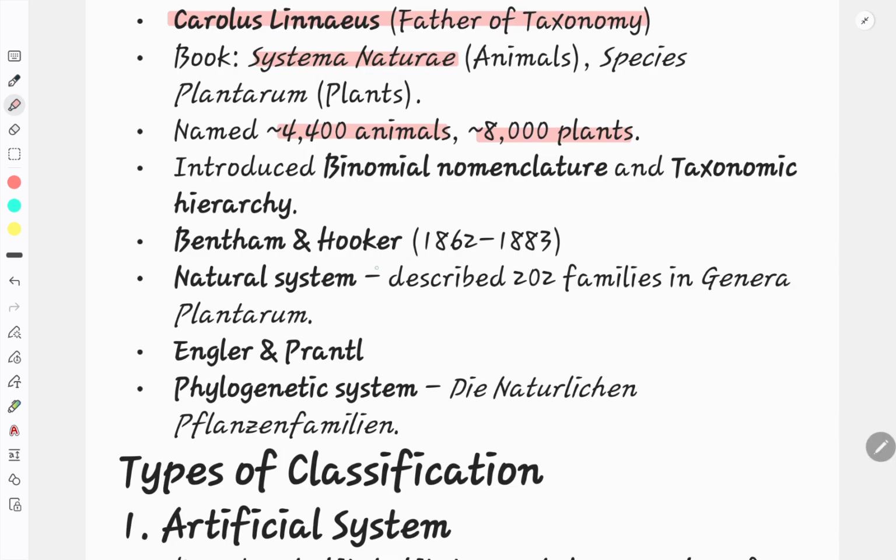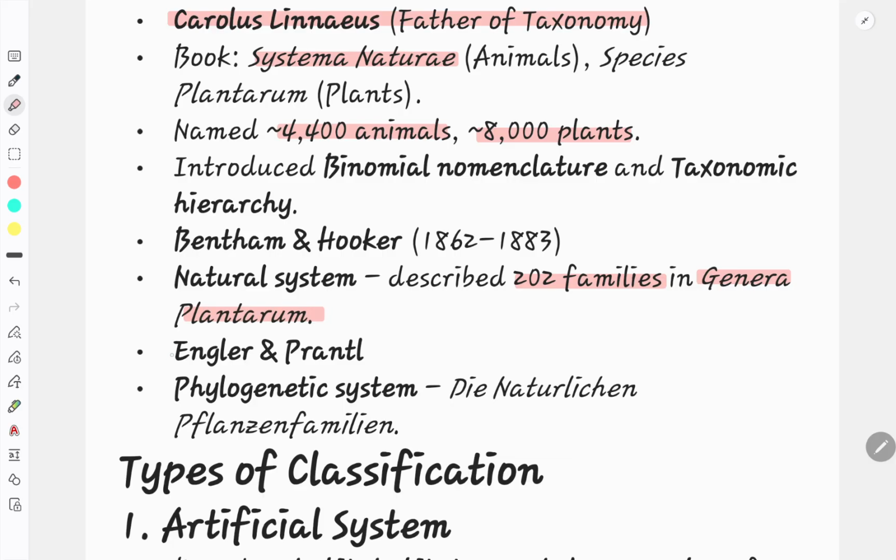Then comes another pair of scientists, Bentham and Hooker. They introduced the natural system of classification, and they introduced 202 families in Genera Plantarum.